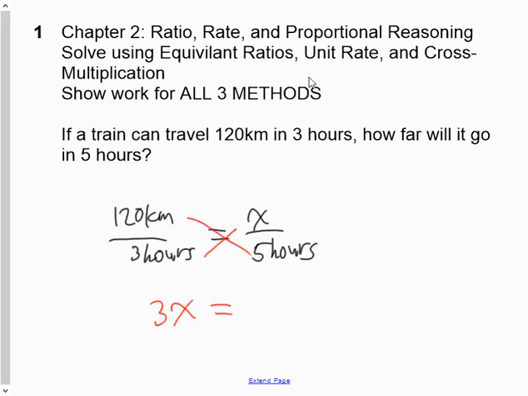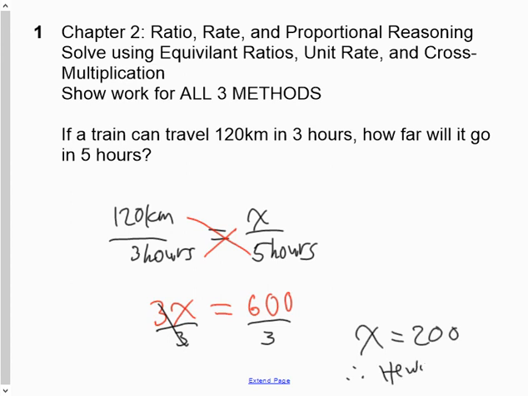And if we multiply across the other way, I get 120 times 5, which is 600. And when I get this simple algebra question and isolate the variable using opposite operation, I end up with x equals 200. And therefore, he will go 200 kilometers.